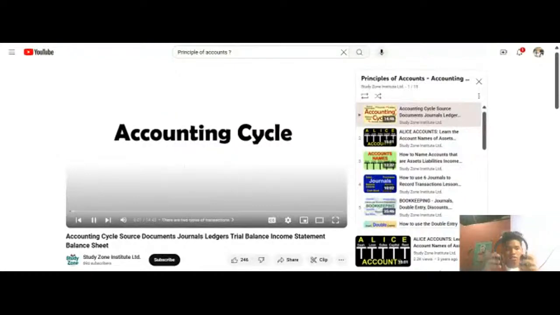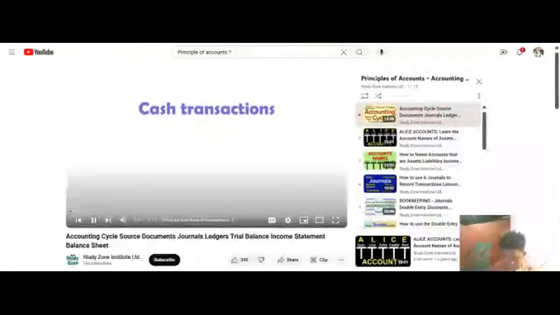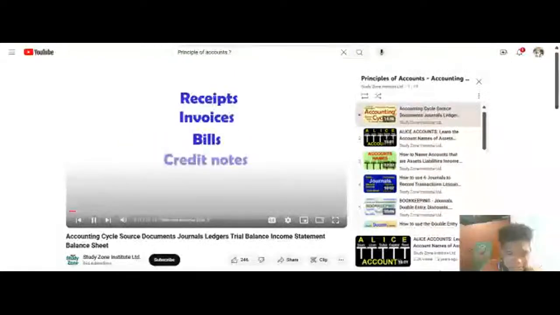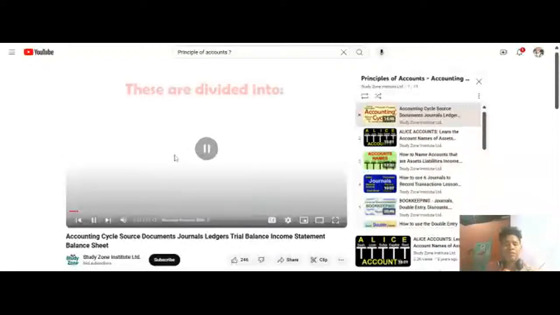Accounting cycle. There are two types of transactions: cash transactions and credit transactions. Step 1 of the accounting cycle: bills, credit notes, bank statements, emails. So let's go back to that.